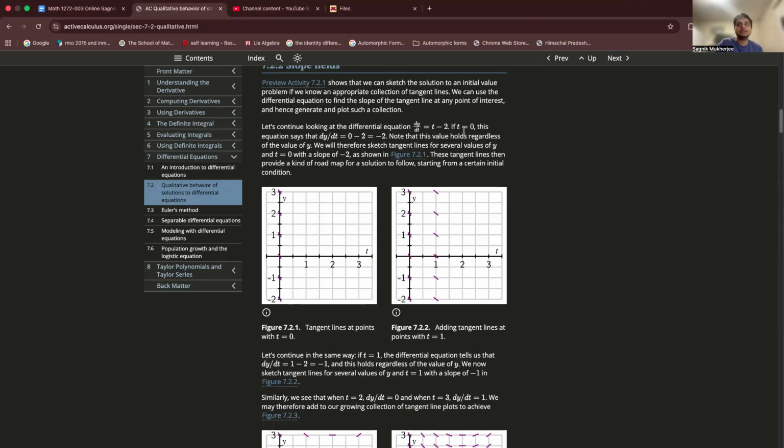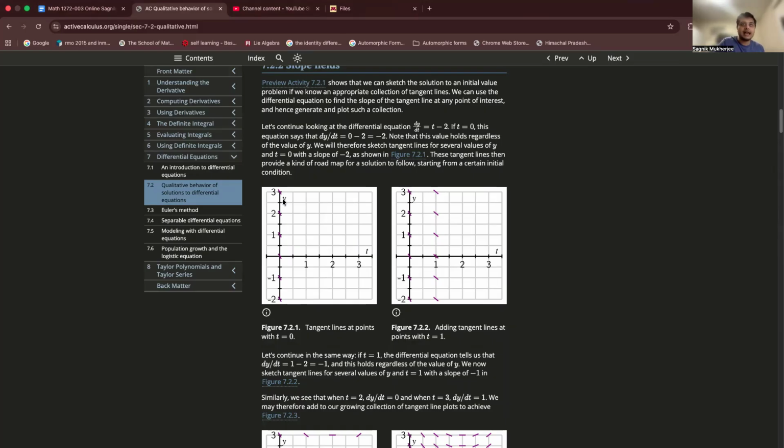Then if t equals 0, dy/dt is 0 minus 2, which is negative 2. That means for t equals 0, dy/dt is negative 2. So no matter what your solution y is, the slope of the tangent at t equals 0 will always be negative 2.